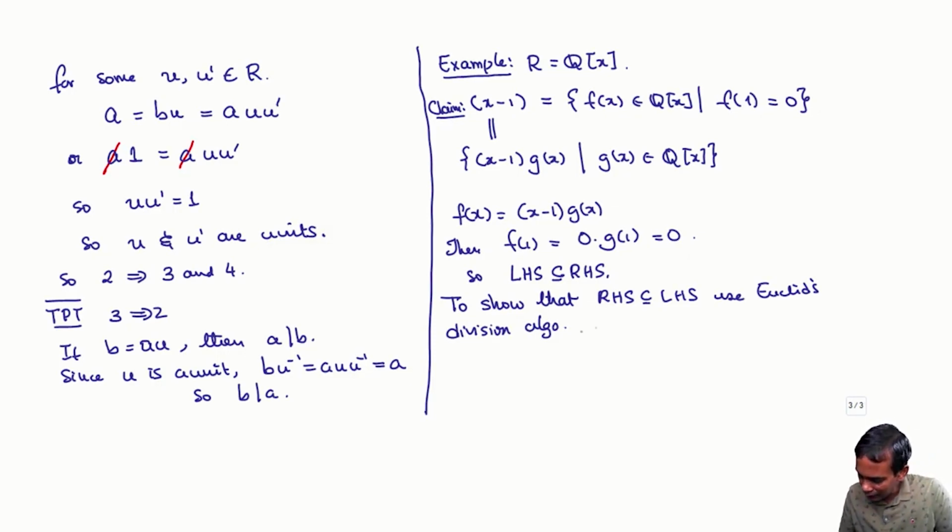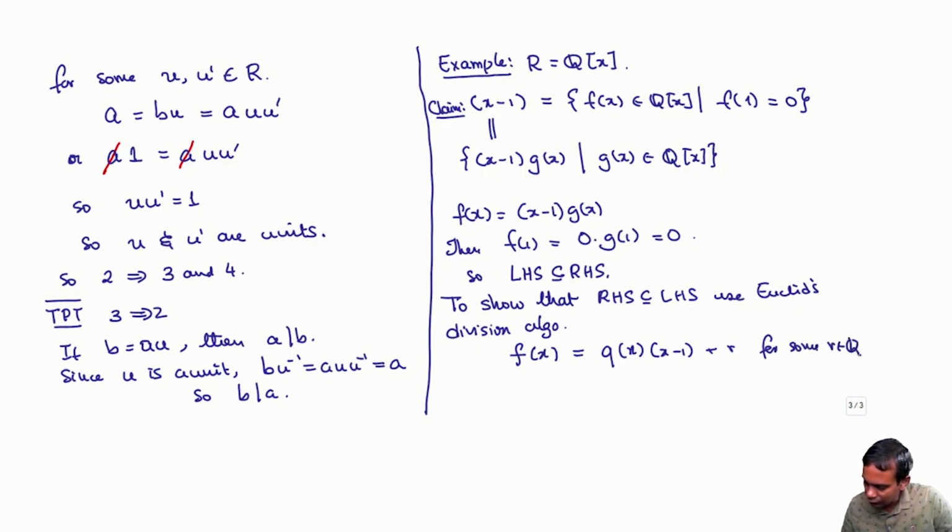It says that if I have a polynomial f(x), I can write it as q(x) times (x minus 1) plus r(x), where the degree of r(x) is strictly less than the degree of x minus 1. But the degree of x minus 1 is 1, so the degree of r(x) is actually 0, which means it's a constant polynomial. I was working with Q, but I can work with any field here.